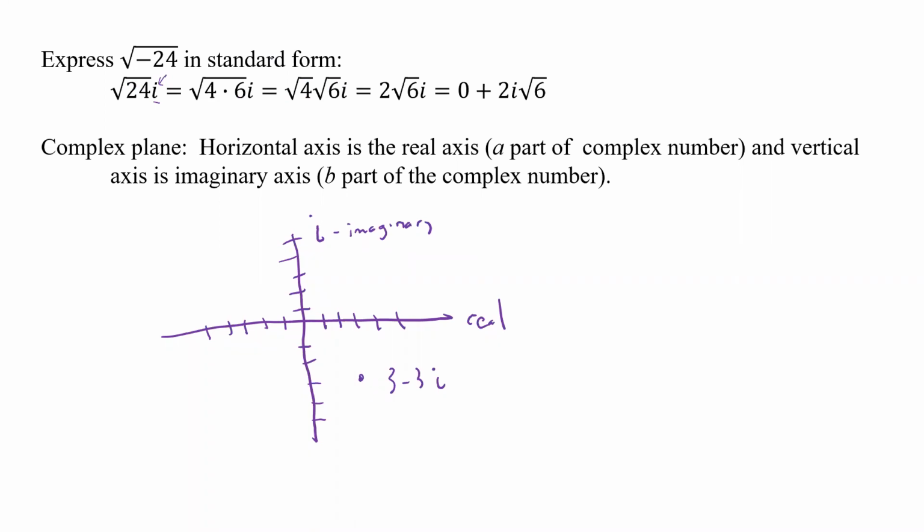Now, if we want it in complex form, which is the standard form, this is why I say some people say it's not a complex part, but some say it is. Here we would have 0 plus 2I square root of 6. So I'm going to bring out that I and put it out front. Some people, when you're typing or writing, it looks like you have the I inside the square root when you really have the I outside of it, so you have to be careful with that.